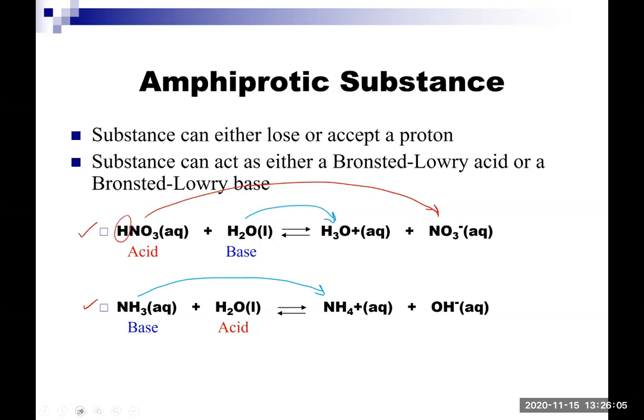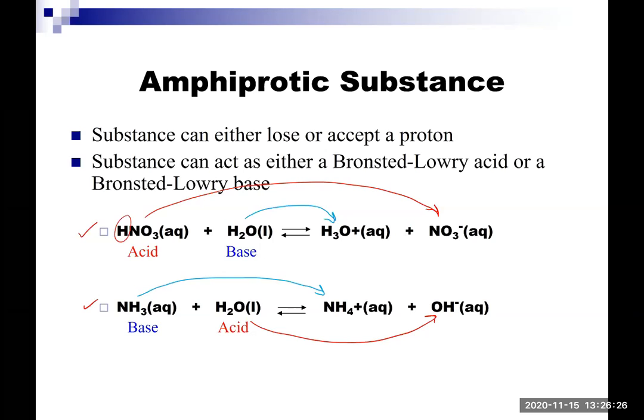The water, on the other hand, in this particular reaction, is donating a proton. We know it's donating a proton because when we look at H2O in the reactant and compare it to OH minus in the product, we see one less proton and more negatively charged by 1.